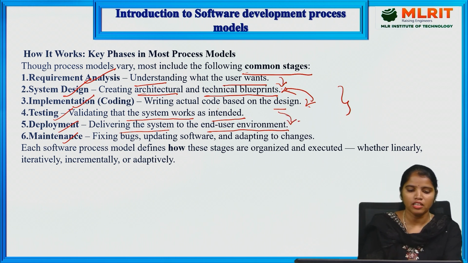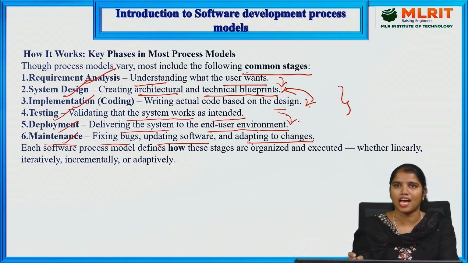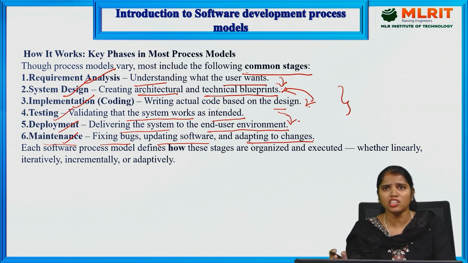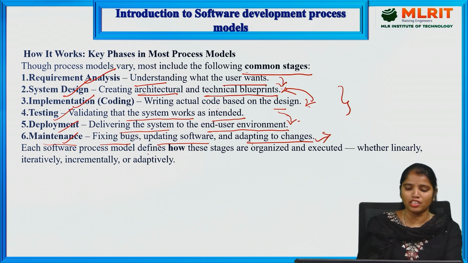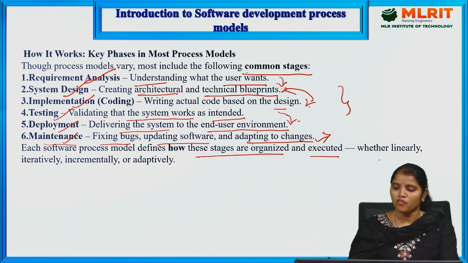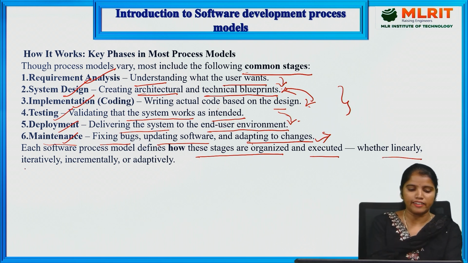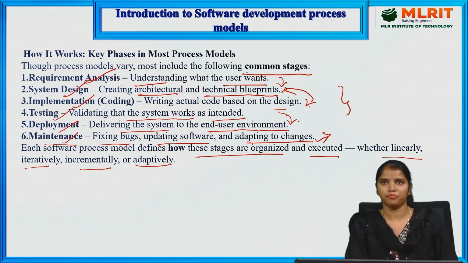After that comes maintenance: fixing bugs, updating software, and adapting to changes as per the user's needs. Each software model defines how these stages are organized and executed, whether linearly, iteratively, incrementally, or adaptively. These are the process models.